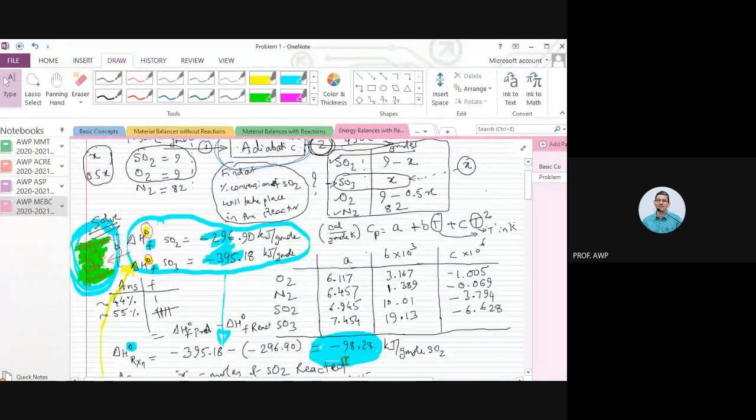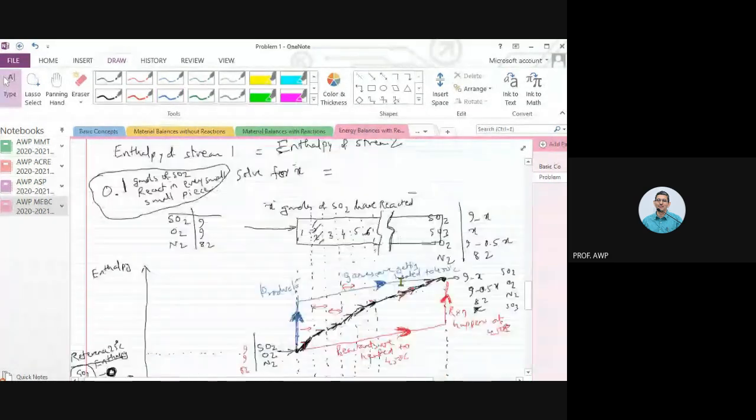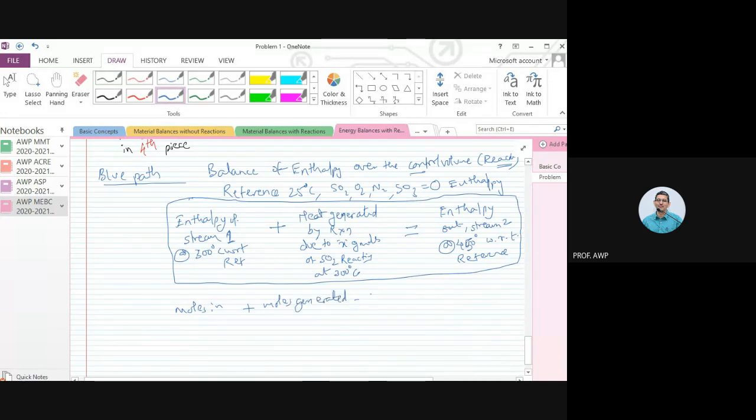Nine moles have come in, X moles have reacted, so what goes out is 9 minus X. X moles of SO3 have been generated; the SO3 moles coming in are 0, so what goes out is 0 plus X. We write moles in plus moles generated minus moles reacted equal to moles going out.